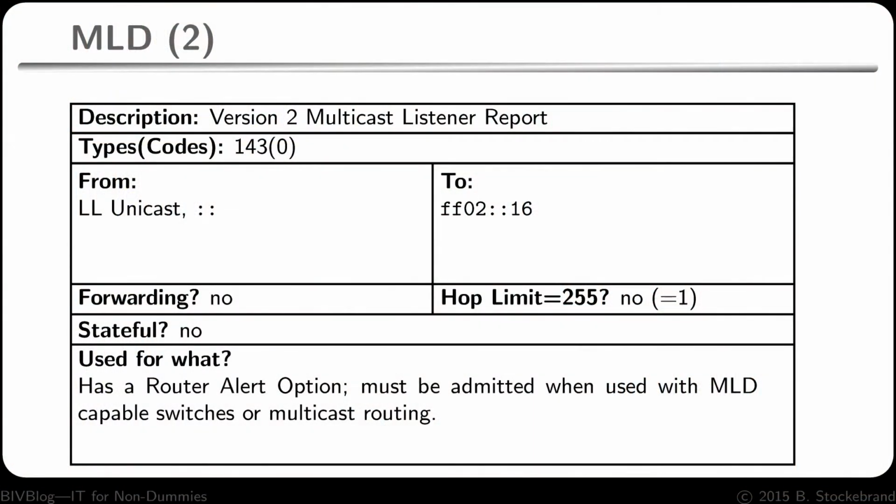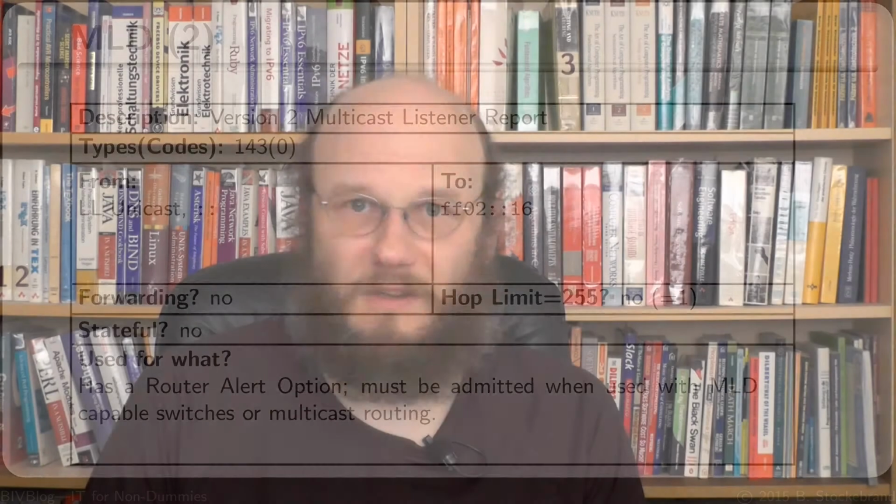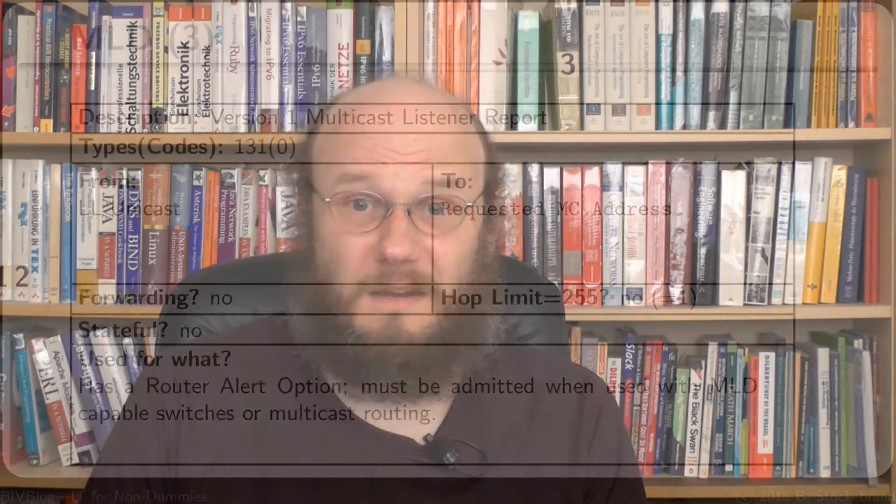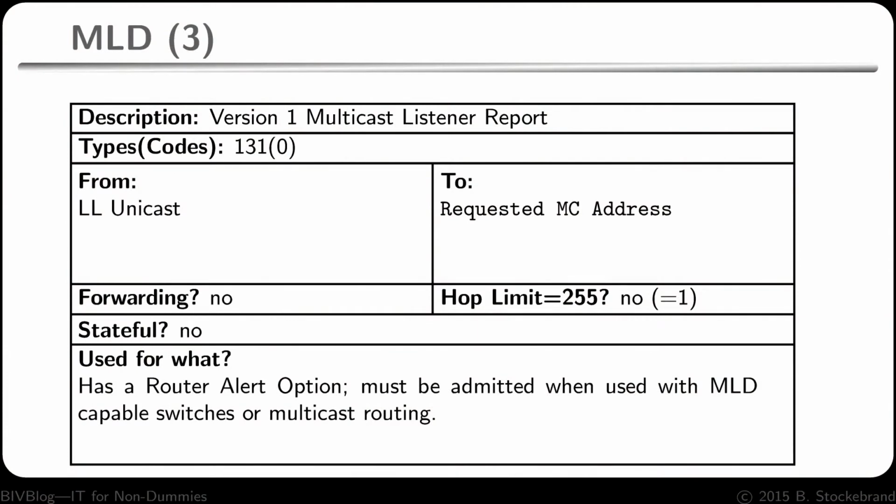Similar thing for MLD version 2 multicast listener reports. Different addresses where things go to, but otherwise pretty much the same story. These are details. I'm not going to explain every single one of them in full detail because that would be a long video. And similar thing, version 1 multicast listener report.